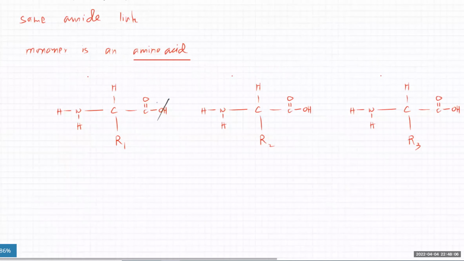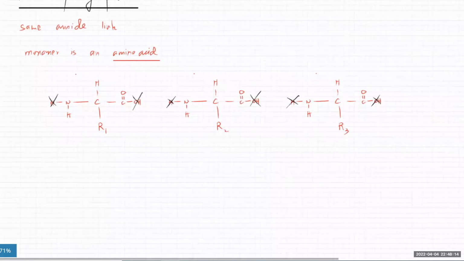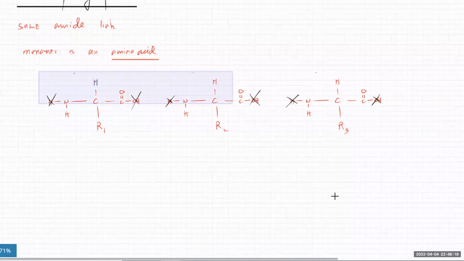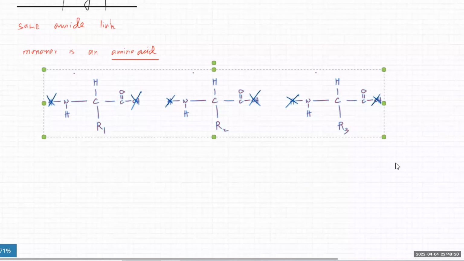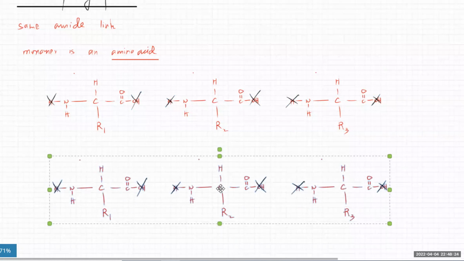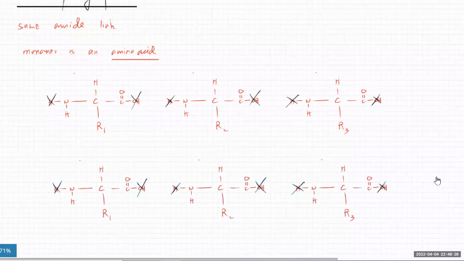The OH will be lost, the H will be lost, the H at the end will be lost, the carboxylic acid loses its OH. And at the end of the day they would all join up to form amide or peptide linkages. So that's gone, this is gone.